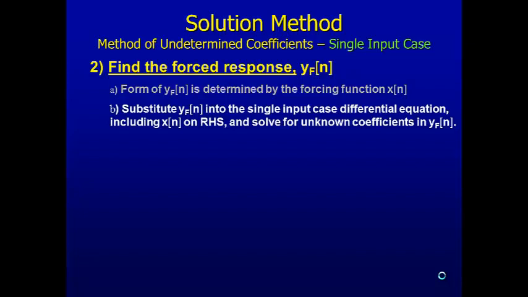So what do we have? We have 3/2 of C1 is 2. So C1 must be 4/3. So my forced response, let's put it down here, is 4/3. And that's true for n greater than 0, because I'm putting in a step function that starts at n equals 0.